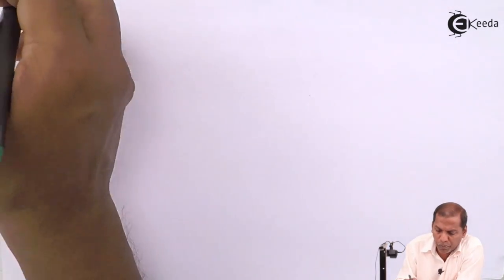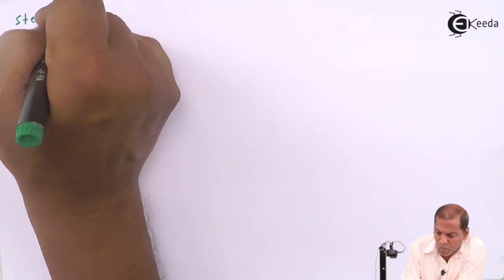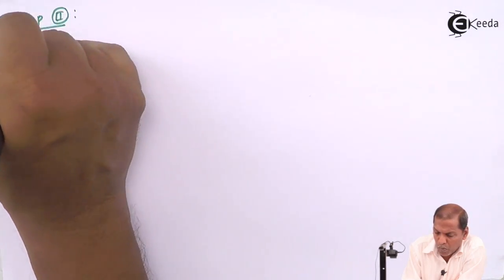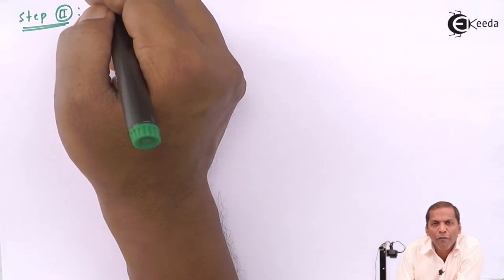Now we consider step number 2. Let us assume that P(n) is true for n equal to k.